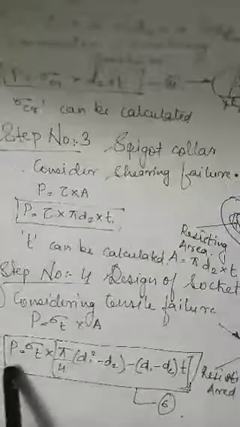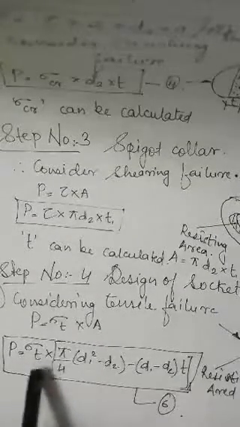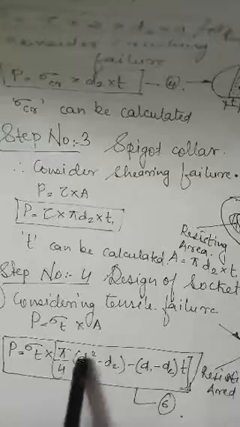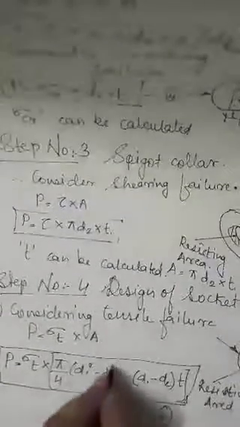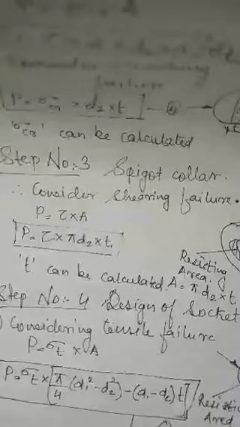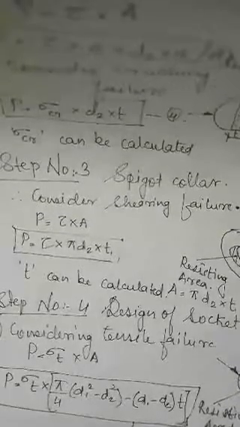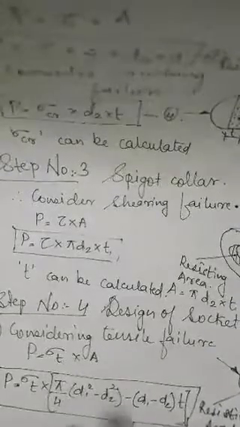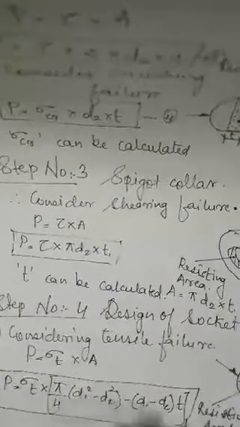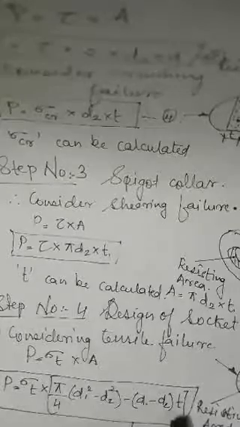So here our formula becomes P equals tensile stresses into pi by 4 d1 square minus d2 square minus d1 minus d2 into T. This is our equation number 6. From this, sigma T can be checked or T can be calculated.